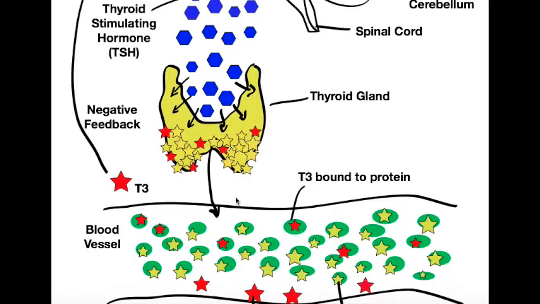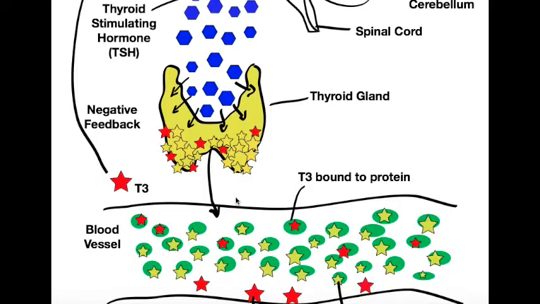The thyroid gland itself produces two different types of hormones. One is called T3, which is shown here in red, and the other one is T4, which is shown in yellow. The actual hormone that has the impact on the body is the red stars, the T3. The yellow stars, the T4, can be broken down by the body into T3, and we'll have a look at that a bit later on.